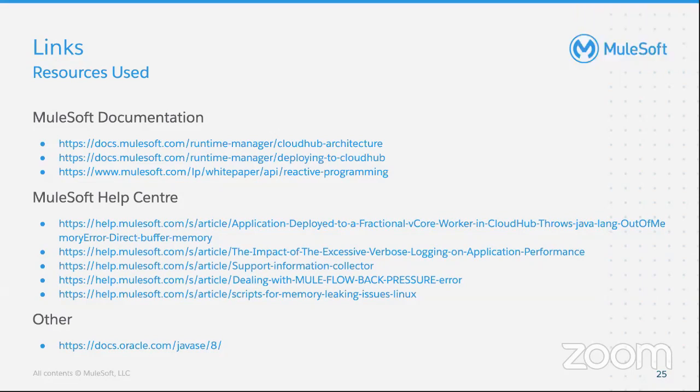You mentioned some queuing earlier where messages might be queued up for processing. The question was, what sort of queue are we talking about? Is there some sort of internal queue that a worker uses to process messages? If you talk about VMQ, it's not, but there is a special mechanism and engine which is included. More information can be found under this link with reactive programming, which explains the Mule 4 threading profile.